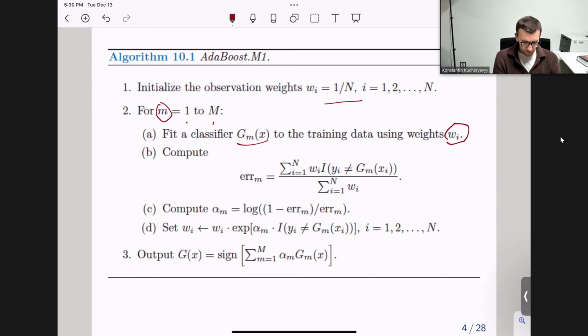Then we compute an error, which is the misclassification rate on the data set adjusted for the weights. Then we compute the weight of this classifier, which is strangely given by this function.